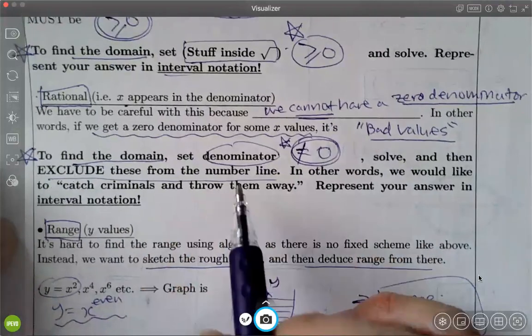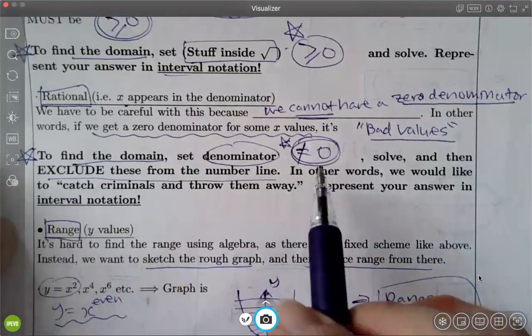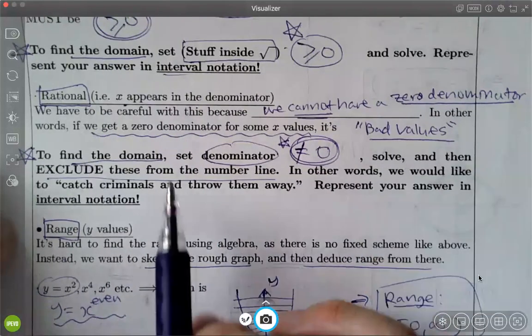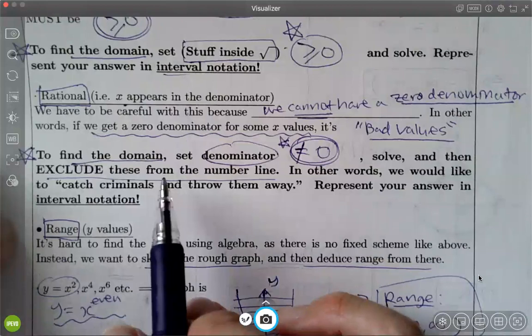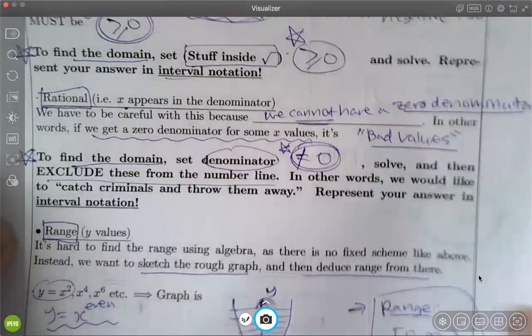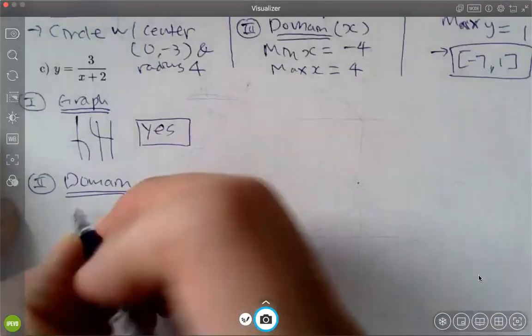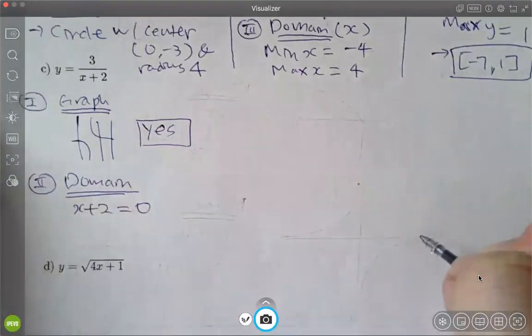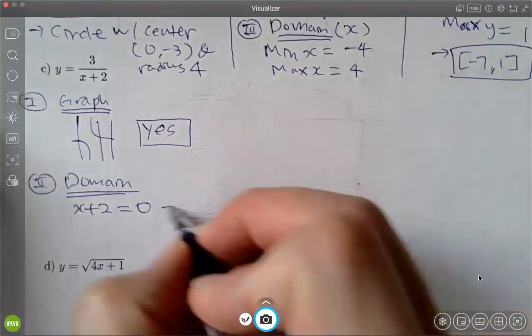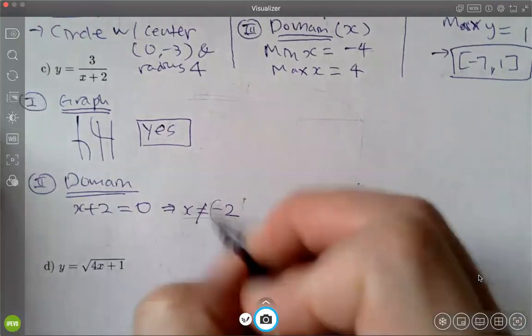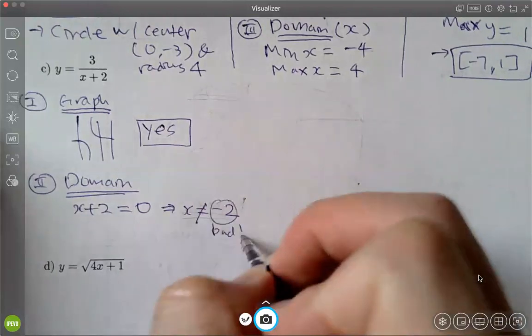Set the bottom equal to 0, and that's the bad value, and we have to remove that from the number line. So what's the bottom? x plus 2 equal to 0, so x is equal to negative 2. In particular, x cannot be equal to negative 2, because that's the bad value.